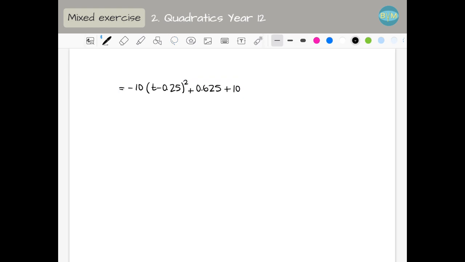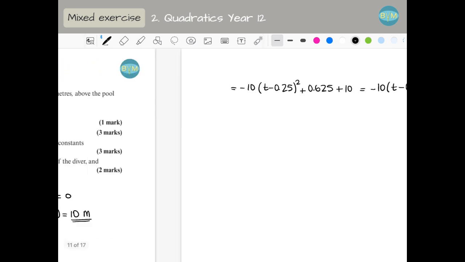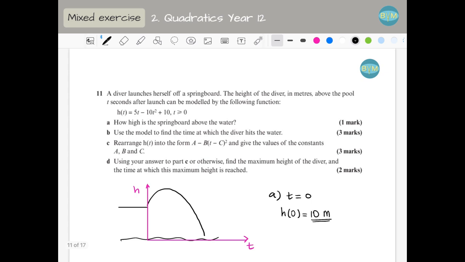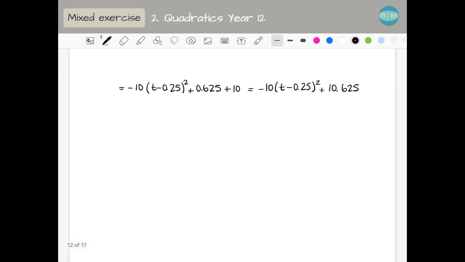This is going to be equal to minus 10 times t minus 0.25 squared plus 10.625. And the constants, they write with the number at the front, so I'm going to do that to not confuse you. So the number at the front and then minus t with the minus in the bracket.